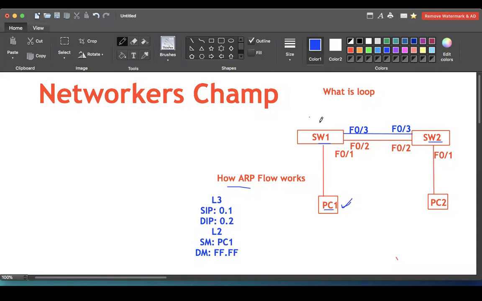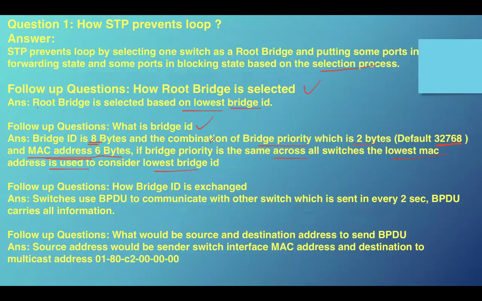Because the priority is the same, 32768, which switch has the lowest bridge ID? The lowest MAC is switch 1, so switch 1 has the lowest bridge ID. Hence, switch 1 becomes the root bridge. STP selects it automatically. And then switch 2 and other switches become non-root bridges.